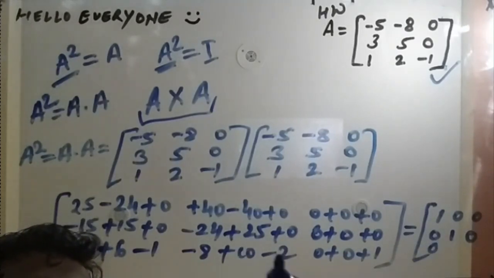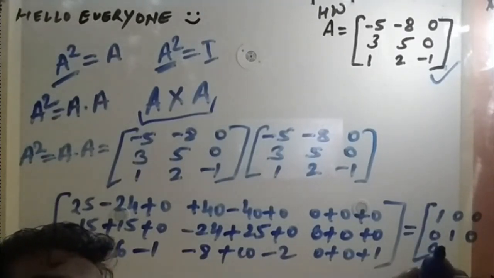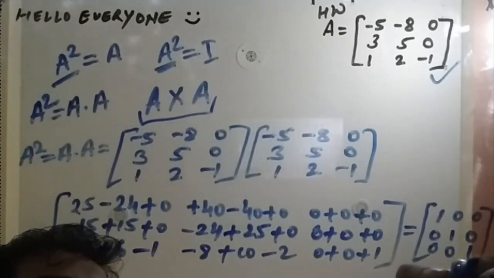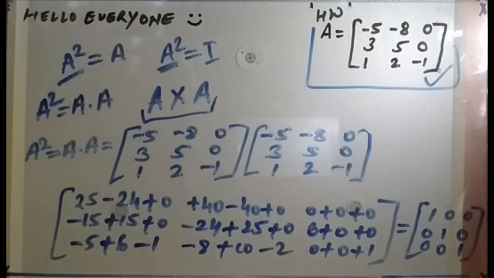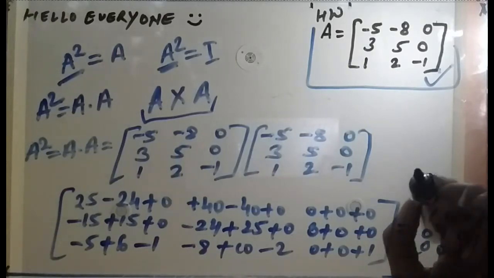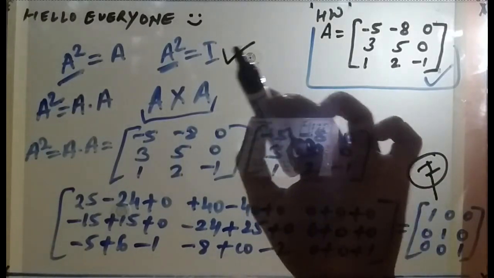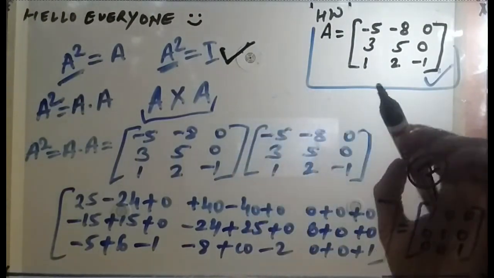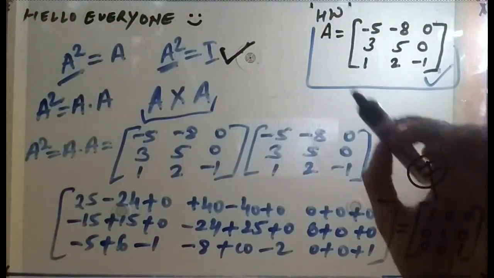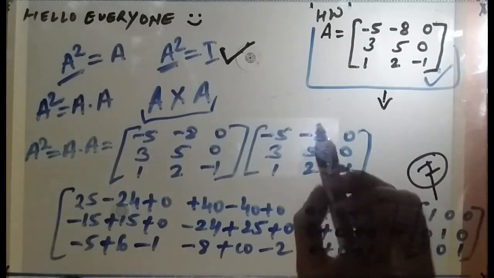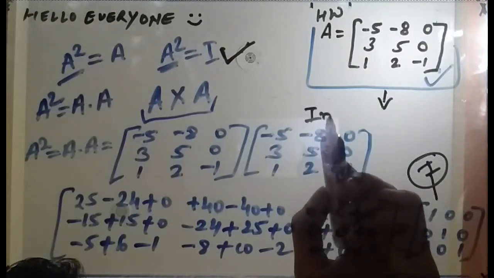This 10 minus 10, 0, and 1. So we can see that the resultant matrix is an identity matrix. So this option is correct, which means the matrix A is an involutory matrix.